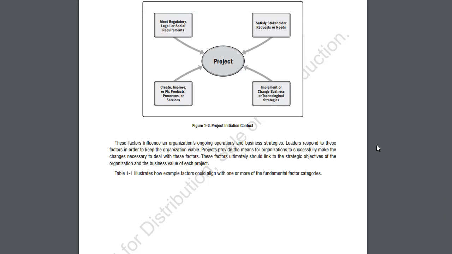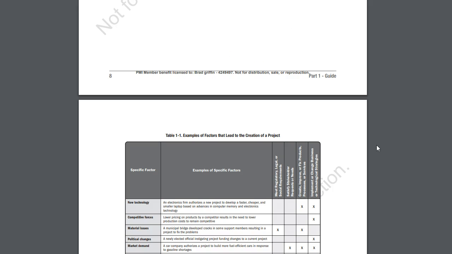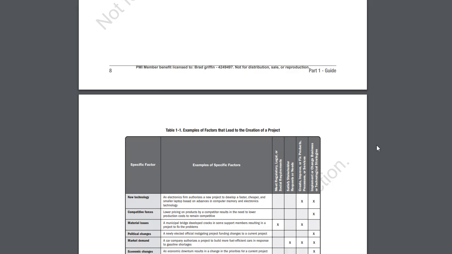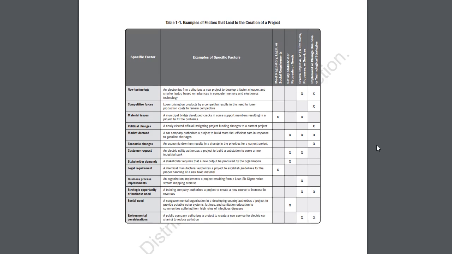And so you can see this little chart. There's a lot of those charts. When you're reading the book, these charts really do give value and help explain. So here are some of the ideas that can drive the creation of some kind of project. Again, another chart. One of the biggest ones we see right now is this idea of new technology.